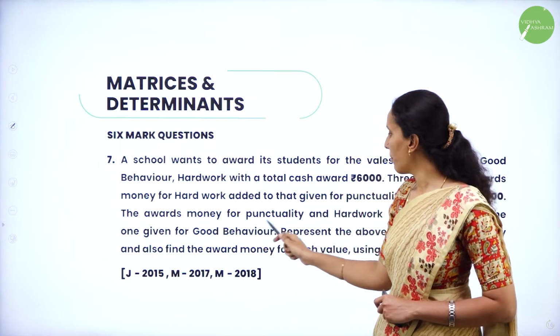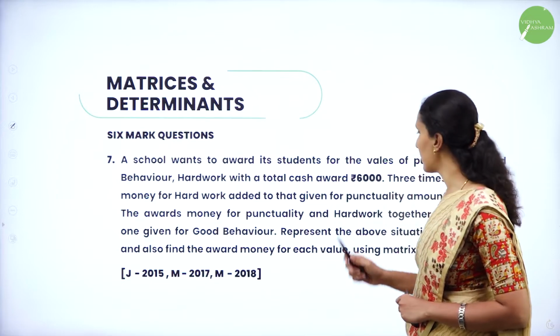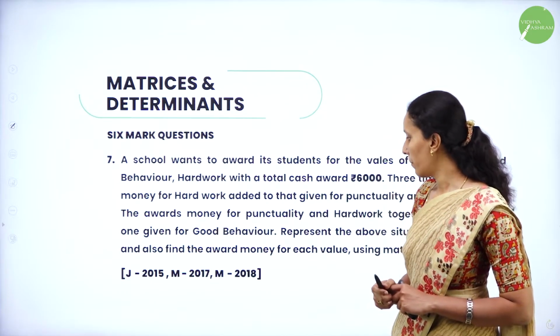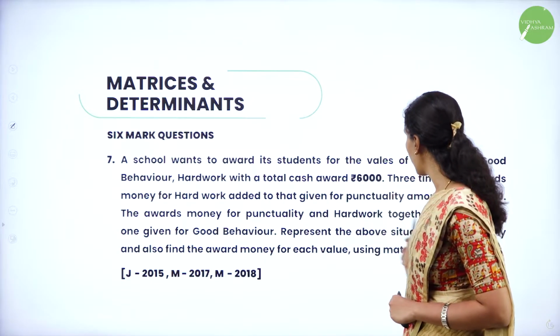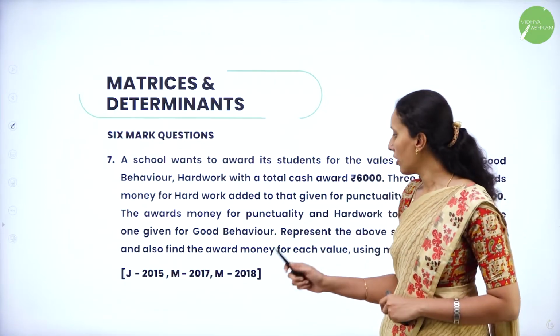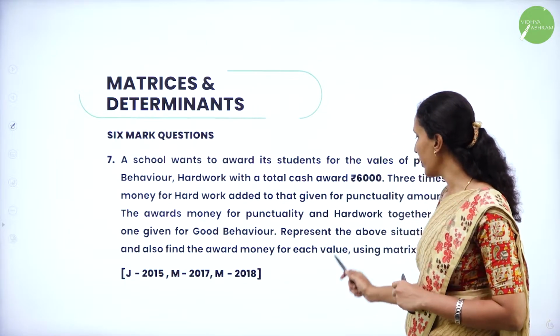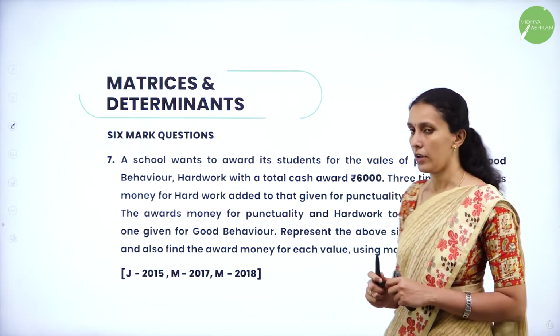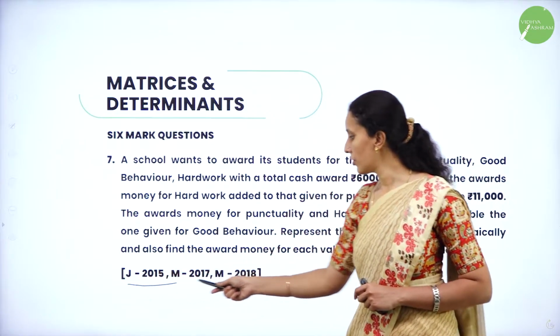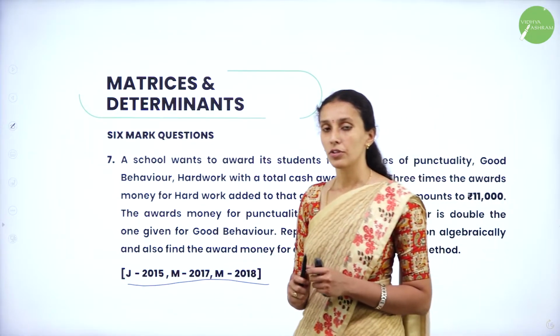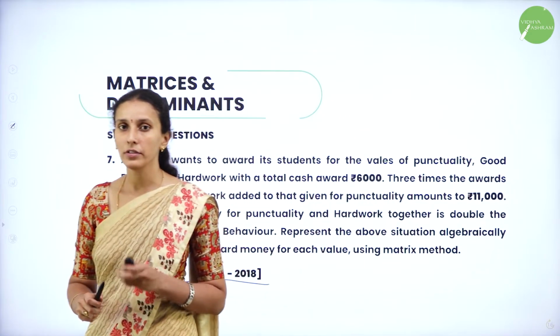The award money for punctuality and hard work together is double the one given for good behavior. Represent the above situation algebraically and also find the award money for each value using the matrix method. This was asked in July 2015, March 2017 and March 2018.